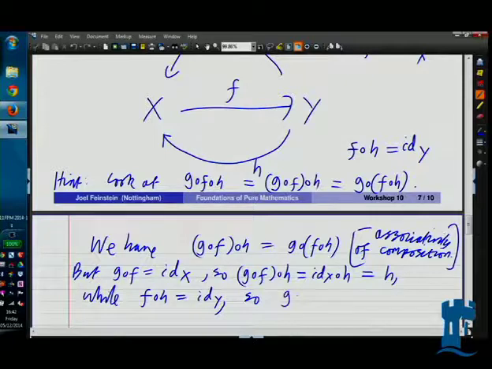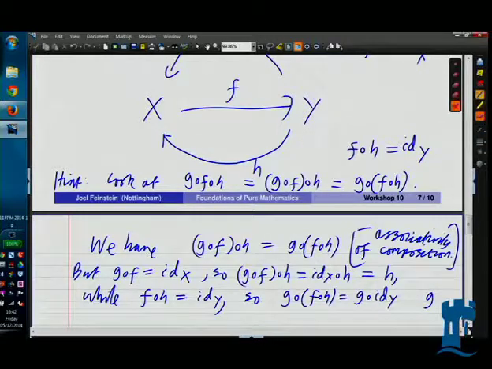So g composed with f composed with h is equal to g composed with the identity map on y. The identity map on y doesn't change anything when you compose with it, so that's equal to g. So what have we got? This one equals this one, but this one is h, and this one is g. Conclusion is g equals h, and the rest follows.